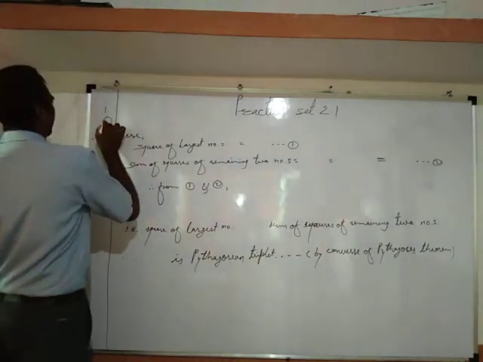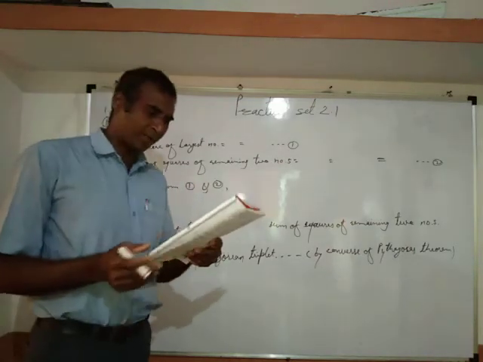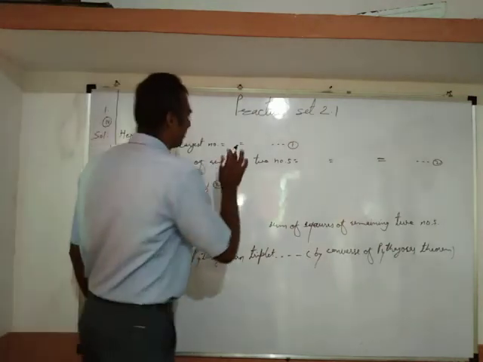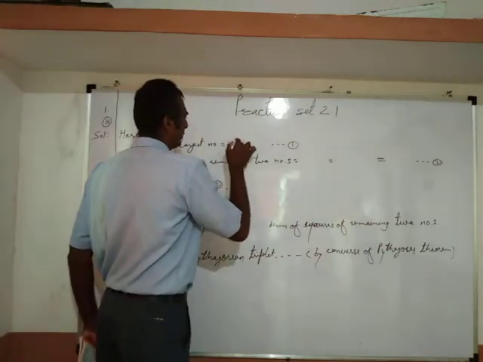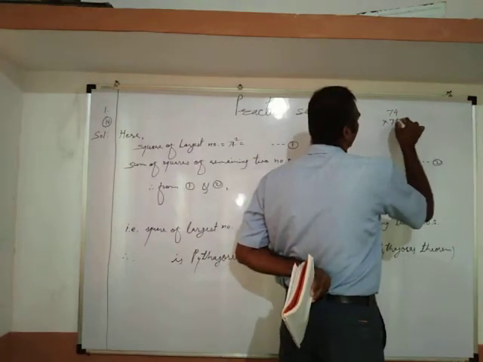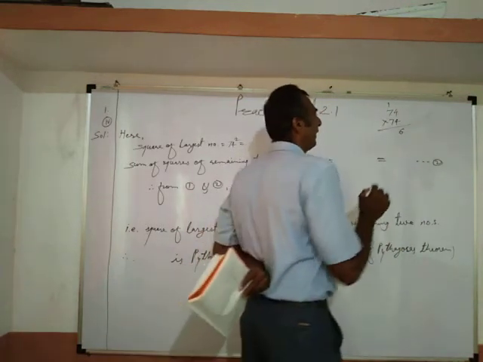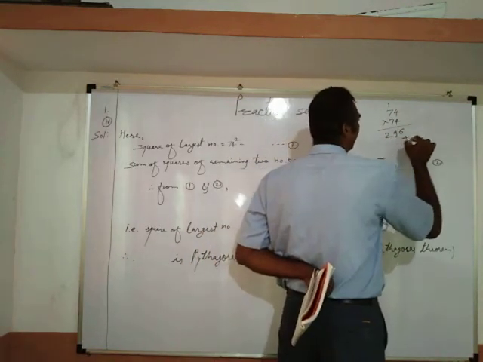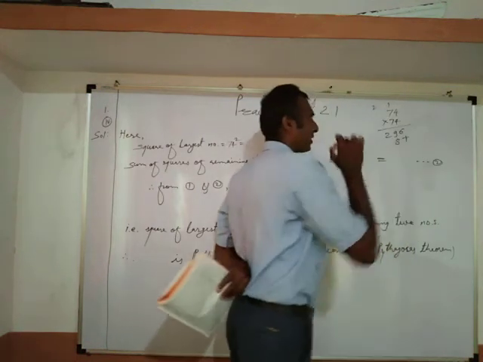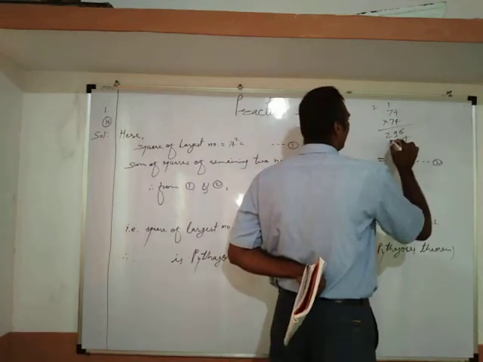Number 4, solution. Here the given triplet is 24, 70, 74. Therefore here the square of the largest number equals 74 square. Let's obtain the square of 74. 74 into 74. 4 4s are 16, carries 1. 4 7s are 28 and 1, 29. 7 4s are 28, carries 2. 7 7s are 49. 49 and 2, 51.